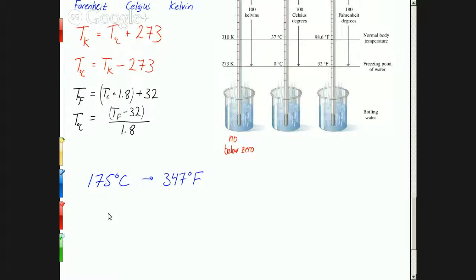Here's hydrogen. Right. So I think for hydrogen.